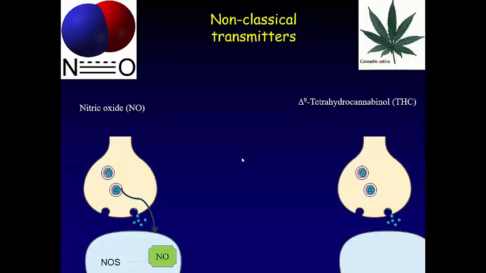Nevertheless, I want to remind you also the idea of non-classical transmitters. In this sense, they are non-classical since they act not from pre to post but in the opposite direction. For instance, in the glutamatergic neurons, we also have such feedback.